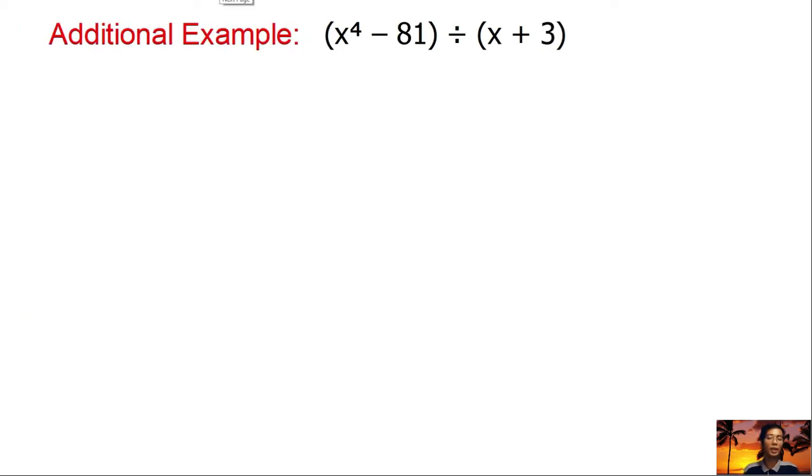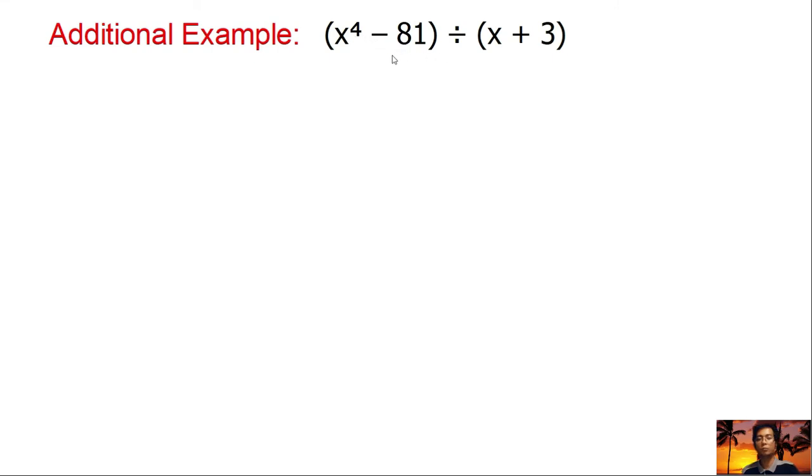Now let's have an additional example. Let's try to divide the following using synthetic division. We have x to the fourth power minus 81 divided by x plus 3. So, ang napansin nyo po dito sa ating given, x to the 4 tapos constant. Ang daming nawawalang term, tama? Walang x cubed, walang x squared, at walang x.